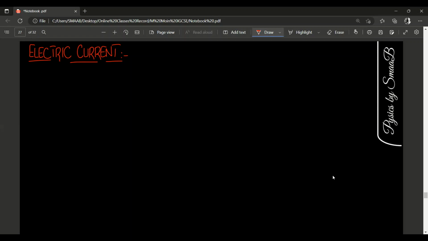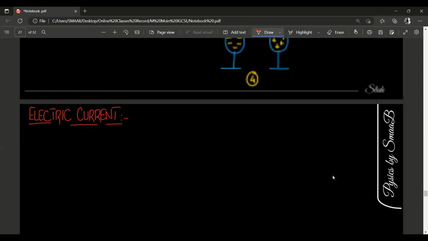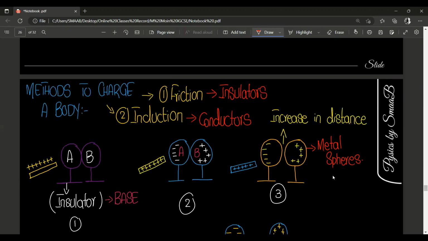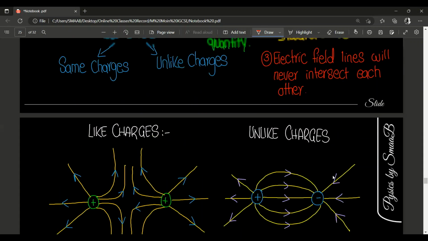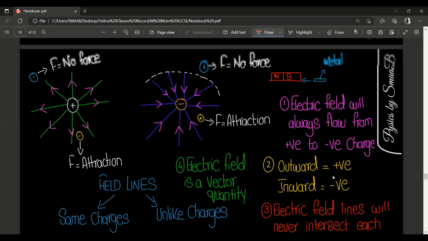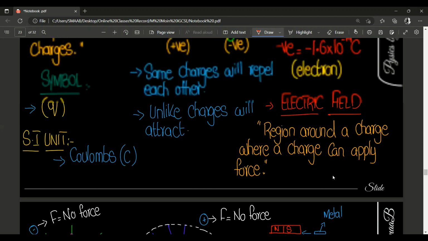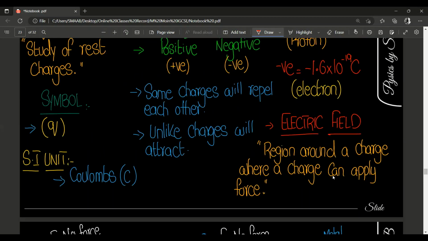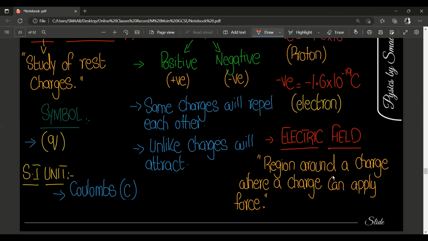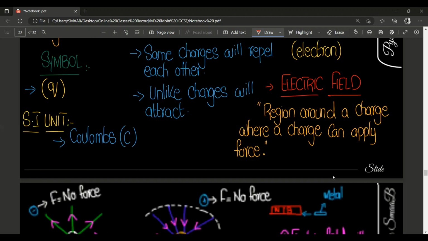In the previous class we discussed rest charges, where there is no flow of charges, only a transfer of charge, which can be produced with the help of friction or induction.